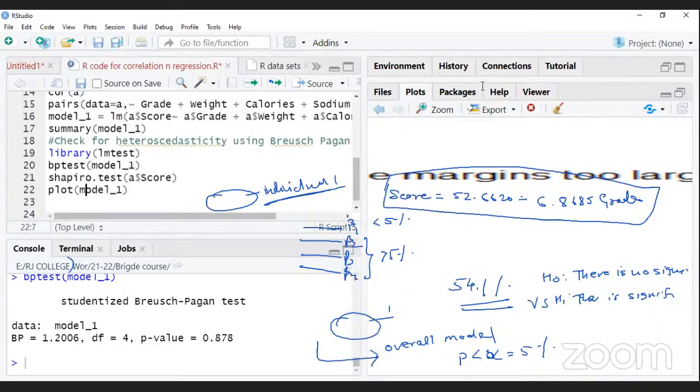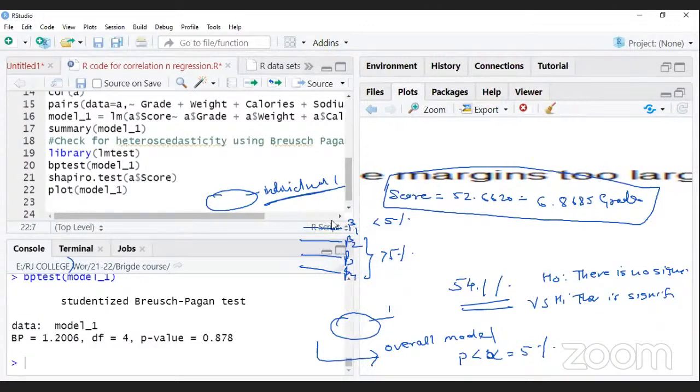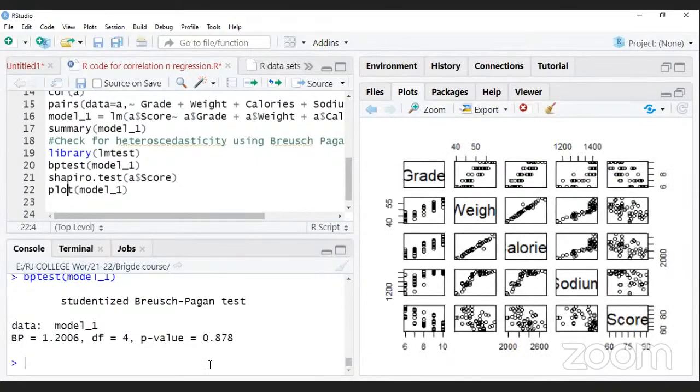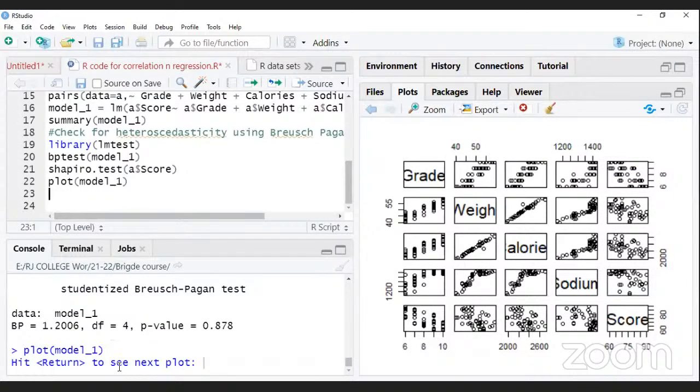One can check that also. Once you run it, it will display in the console, and we have to enter it. By default it doesn't happen. Just click on the console and just enter it.